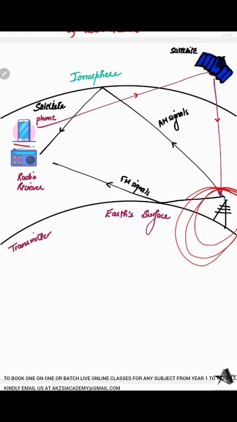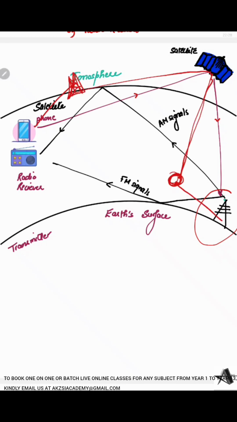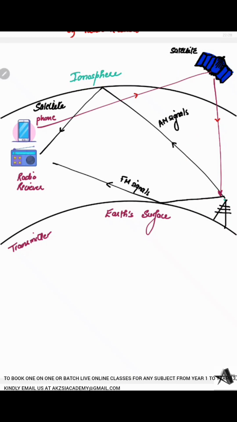So the satellite phone sends the signal to the satellite, and then the satellite sends the information to the land based tower, and then this transmits the signal to the receiving phone, wherever the receiving phone may be. So these two receive the radio waves, and this is how it works.